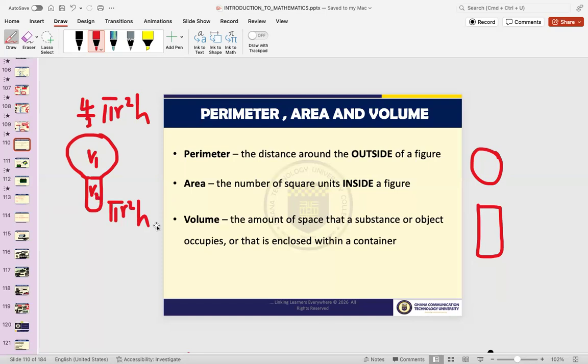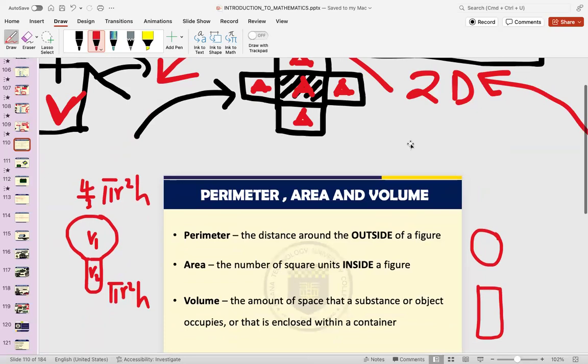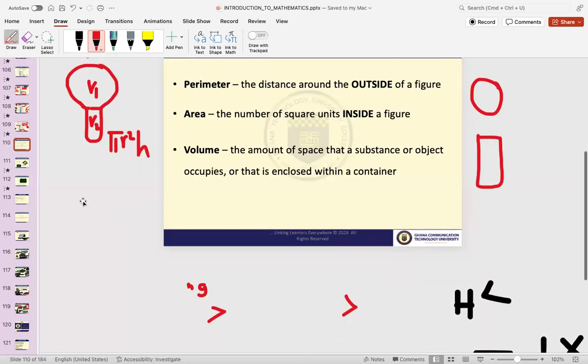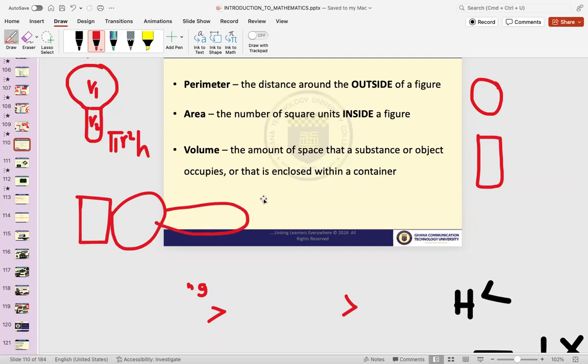So no matter the shape, it can be any funny shape. You have maybe probably a box here, you have a circle here, you have a cylinder here, you have a triangle here. All of them are using the same, either perimeter, area, or volume.